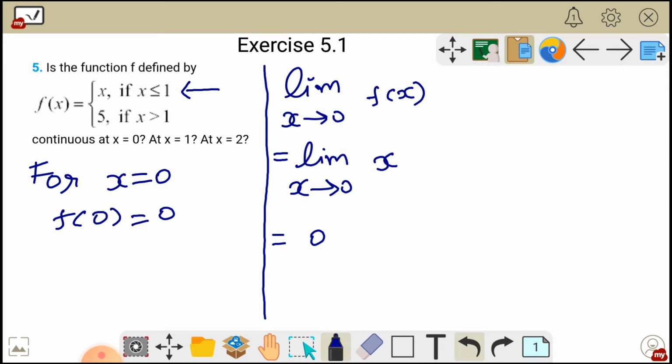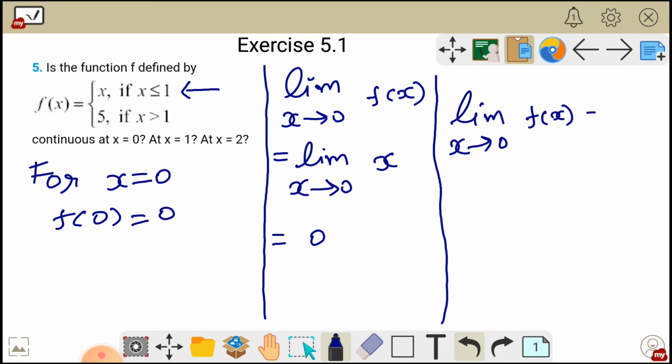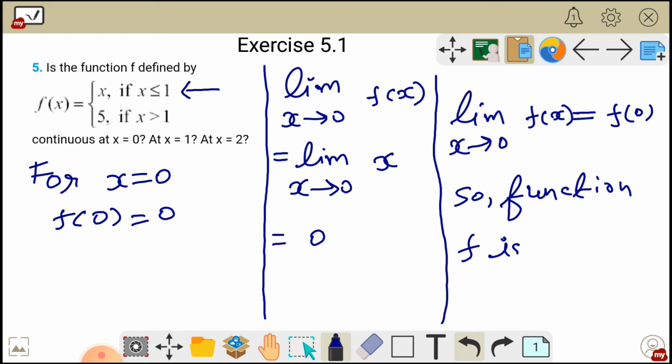So now we can say that limit x tends to 0 f of x is equal to f of 0. From this we can say that the function f is continuous at x is equal to 0.